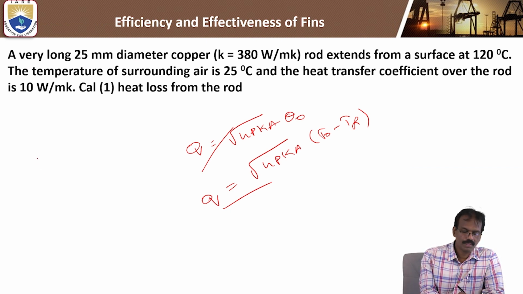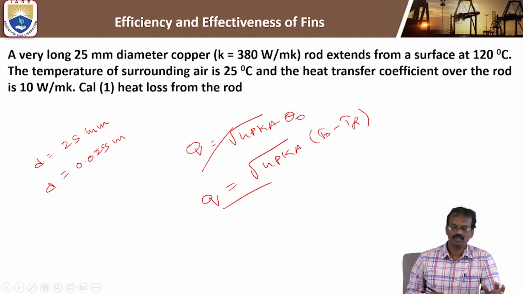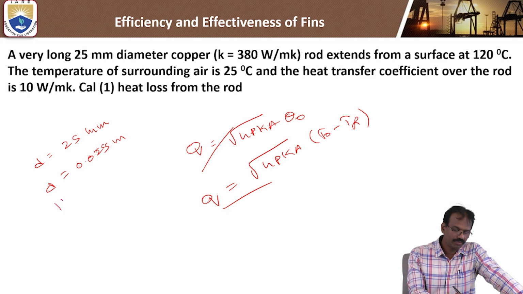Very long fin, the diameter of the long fin is also given: D is equal to 25 mm, 0.025 meter. That is the diameter. The material of the fin is copper, and the thermal conductivity of copper is 380 watt per meter Kelvin.